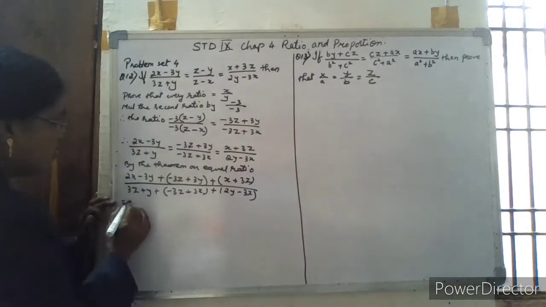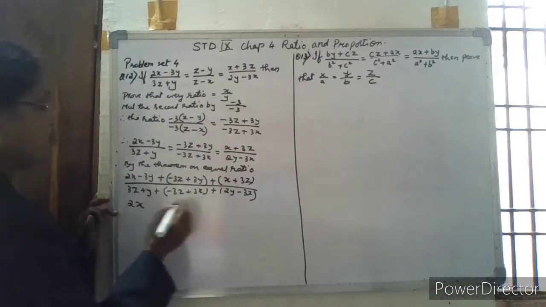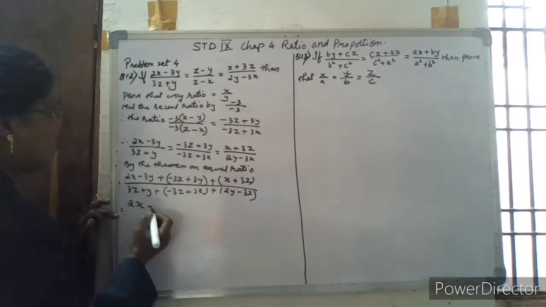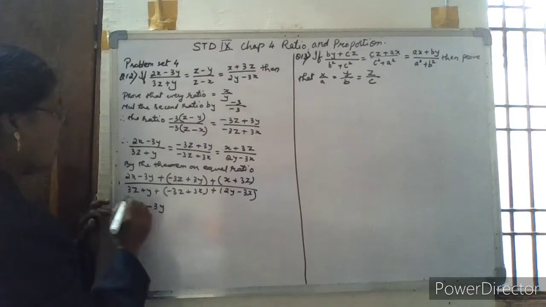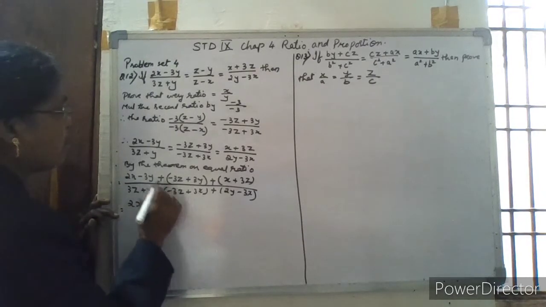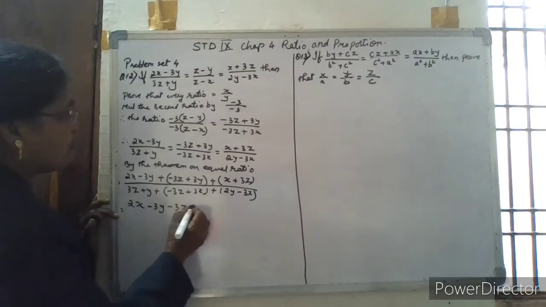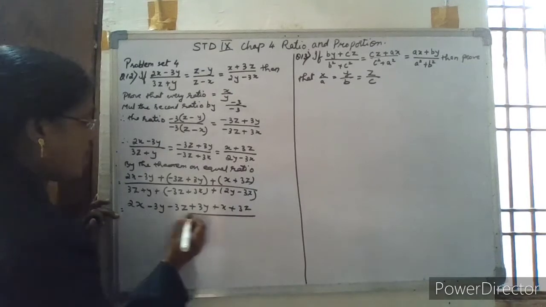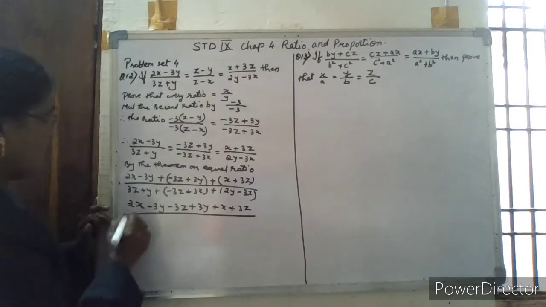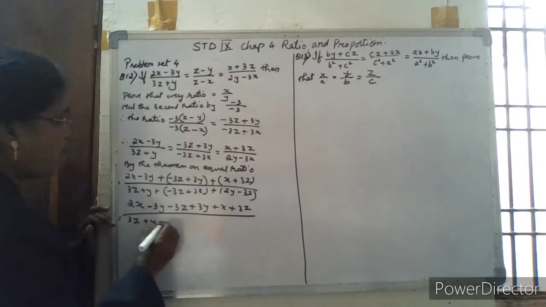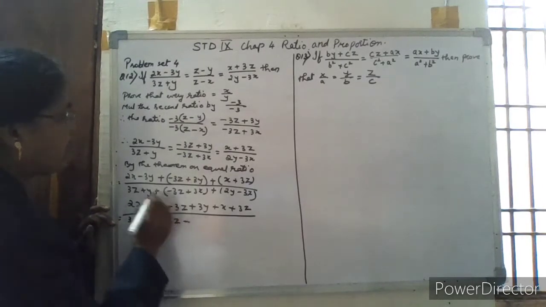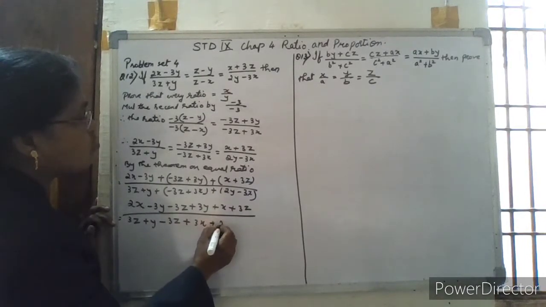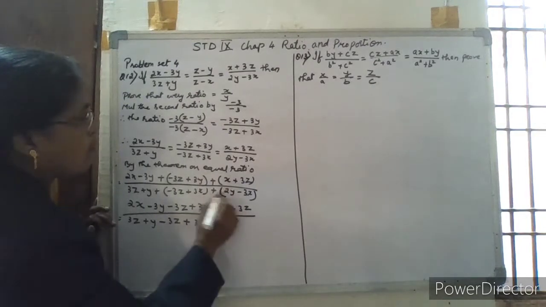So we are left with 3x, plus, minus 3y: 2x minus 3y, minus 3z, plus 3y, plus x plus 3z, upon 3z plus y, minus 3z, plus 3x, plus 2y, minus 3x.